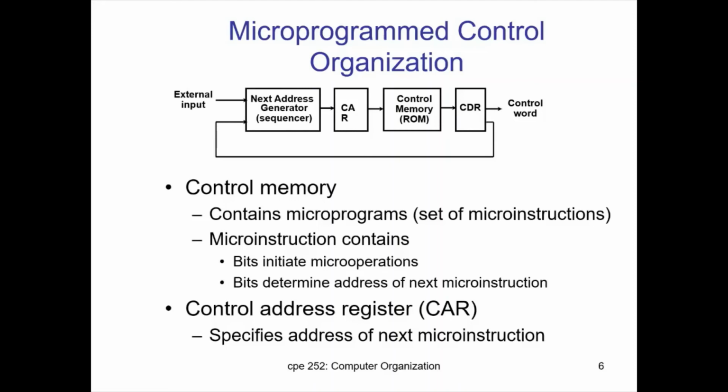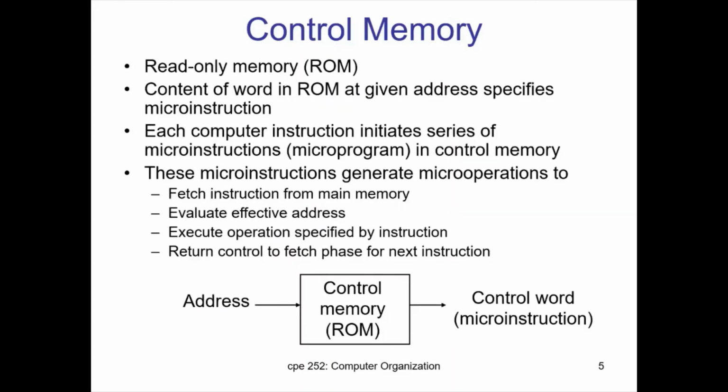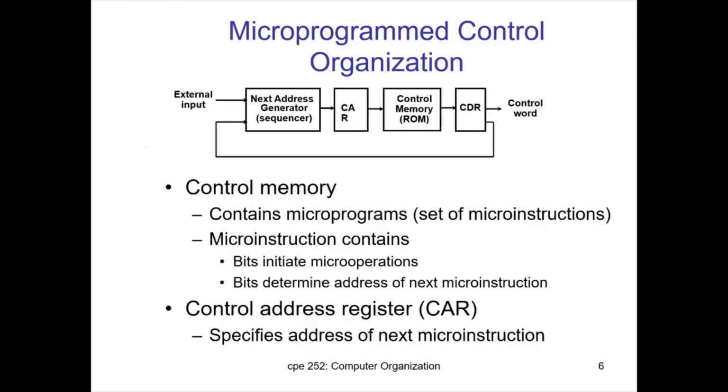All this information is retrieved only with the help of the control address register, which will specify the address of the next micro instruction. All these processes happen only to execute the operation. I already told you the 4 steps you must remember: fetch the instruction, evaluate the effective address, execute the operation, and return the control.